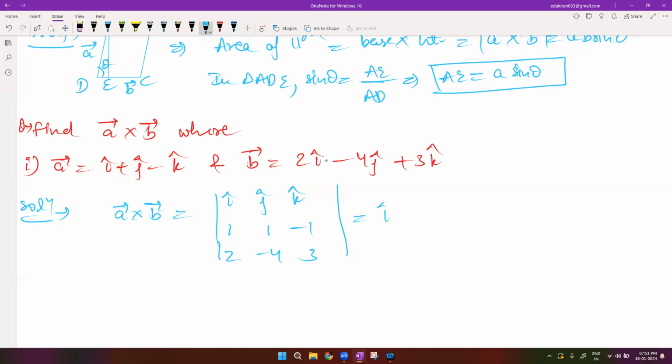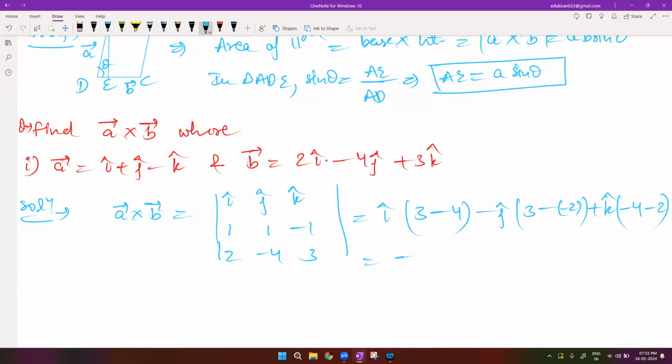To solve this, for i cap, remove this column and this row. 1 into 3 is 3, minus 4 into minus 1 is 4, minus j cap, then remove this, 3 into 1, minus 2. Plus k cap, remove this, minus 4 into 1, minus 4, minus 2.